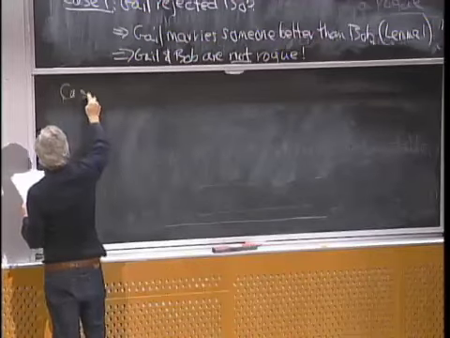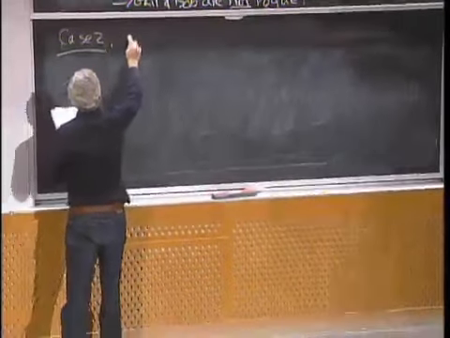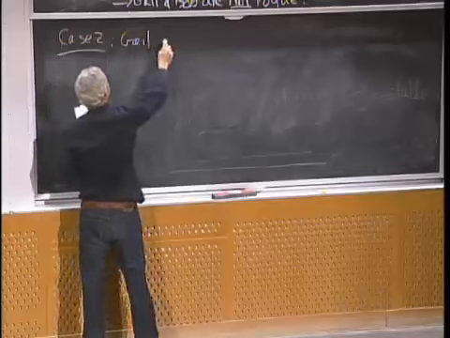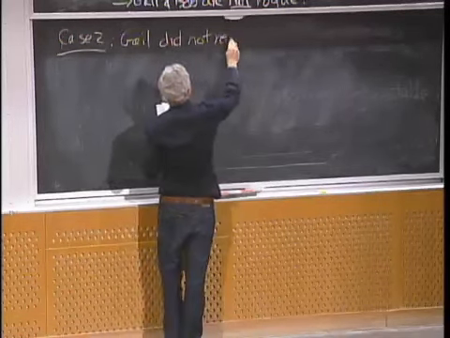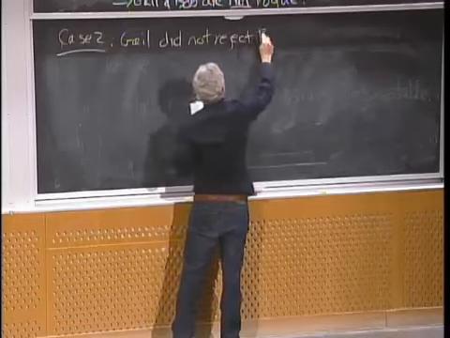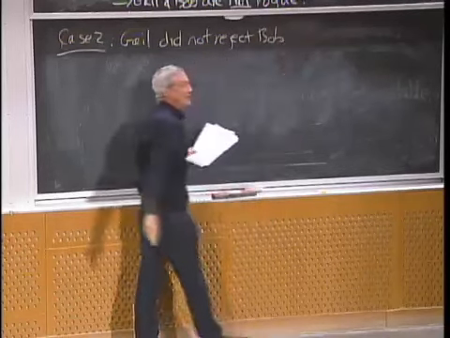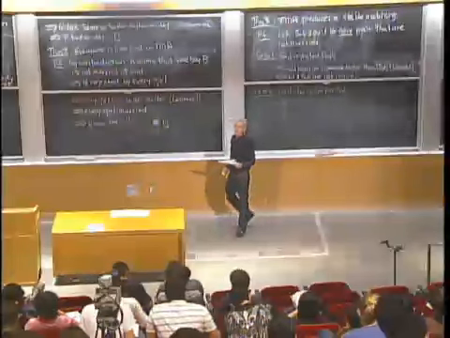All right, case 2 is Gail did not reject Bob. She never did. That's the other case.